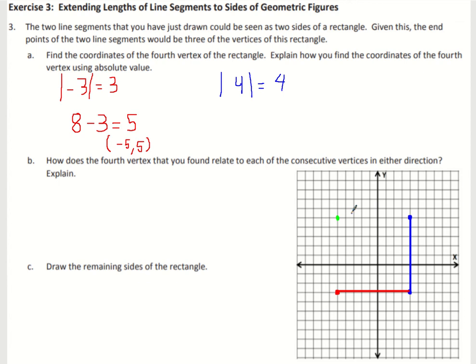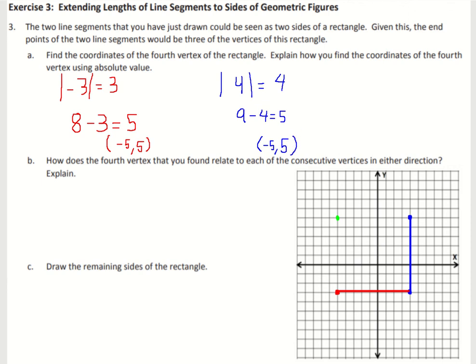So in order to find out how much we need to keep going past that y-axis, how much we need to go past 0, I'm going to have to take 9 and subtract 4 from it. That's going to give me 5, which means that I keep going to the left 5, and that gives me my point of -5, 5.